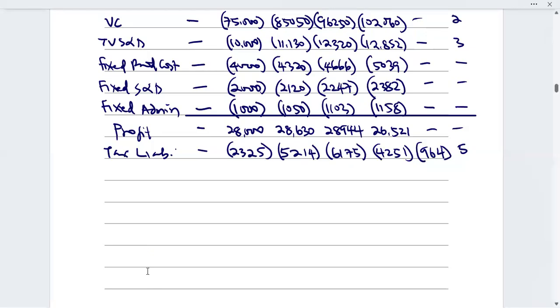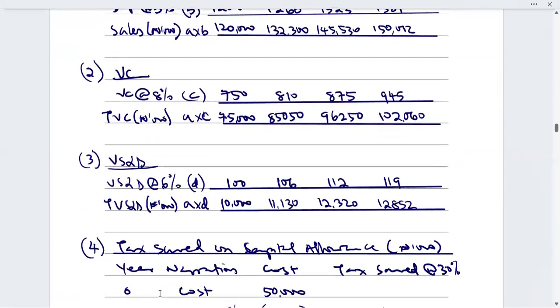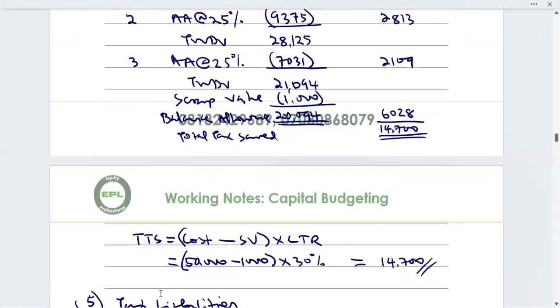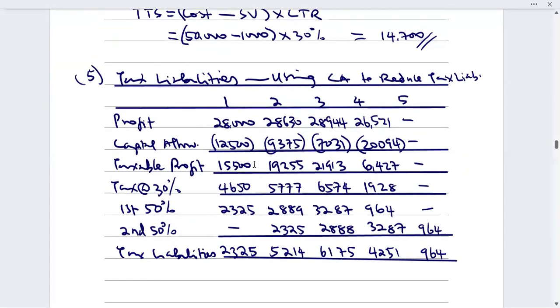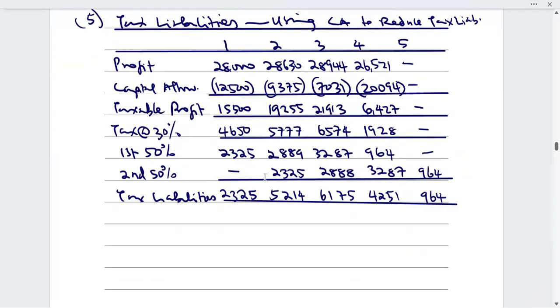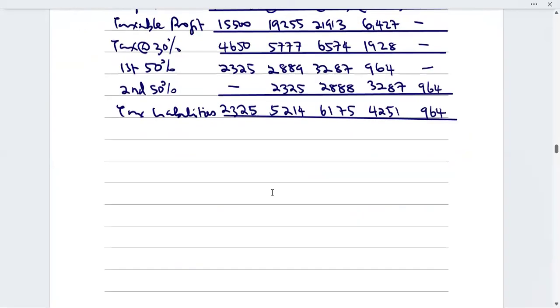In this case, we use capital allowance to reduce our tax liability. That's what we did here. If I want to use tax saved on capital allowance, I will not do it this way.